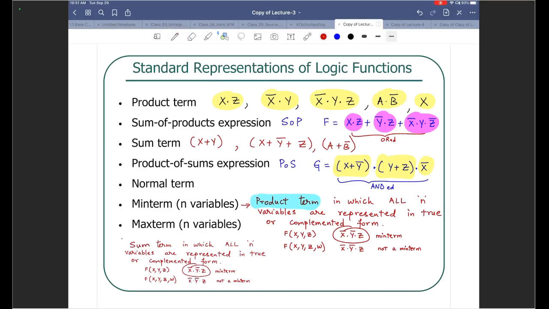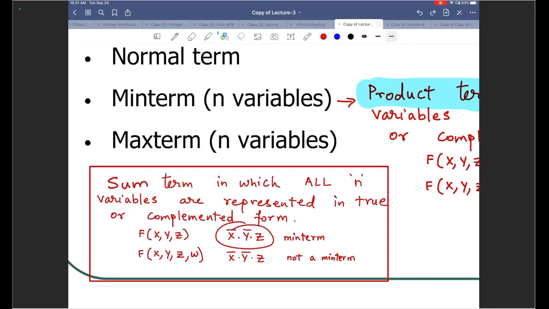So it is some term in which all n variables are represented in true form or complemented form. That is a maxterm.